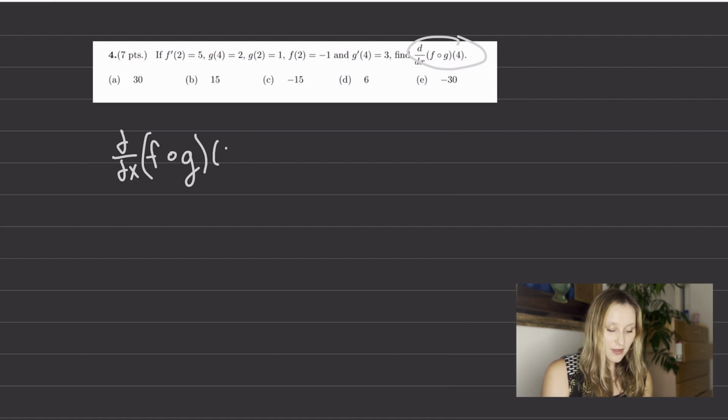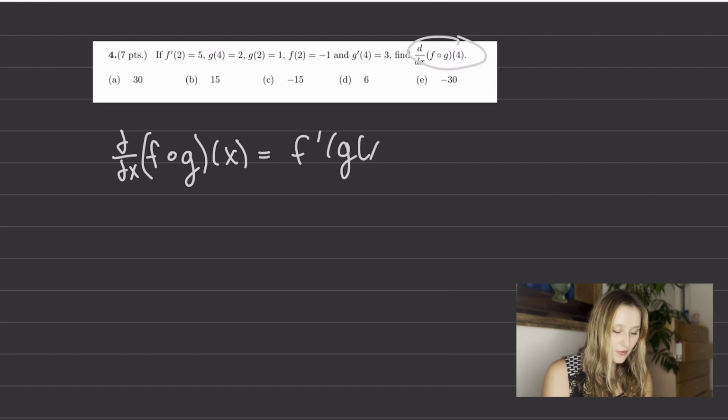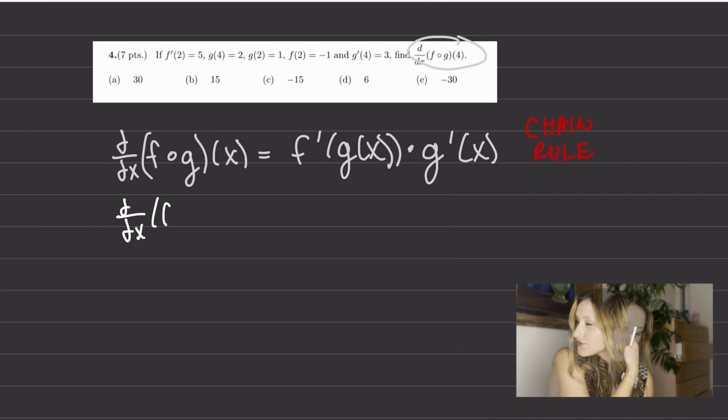You have to remember these rules. We're just gonna say f(x) for now. These are essentials. So this is the chain rule here.